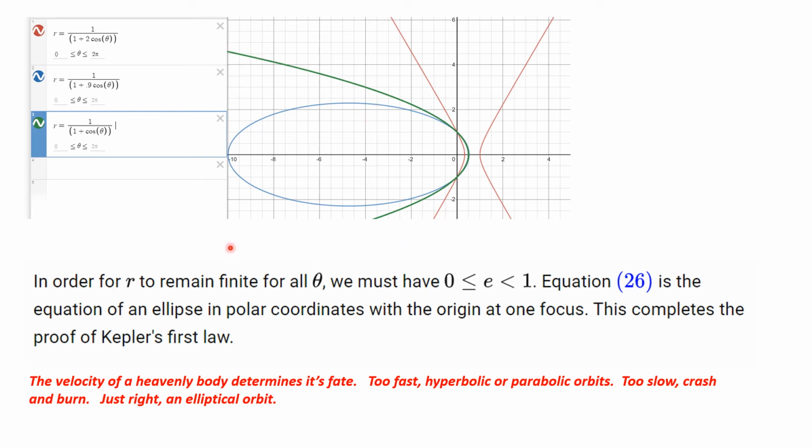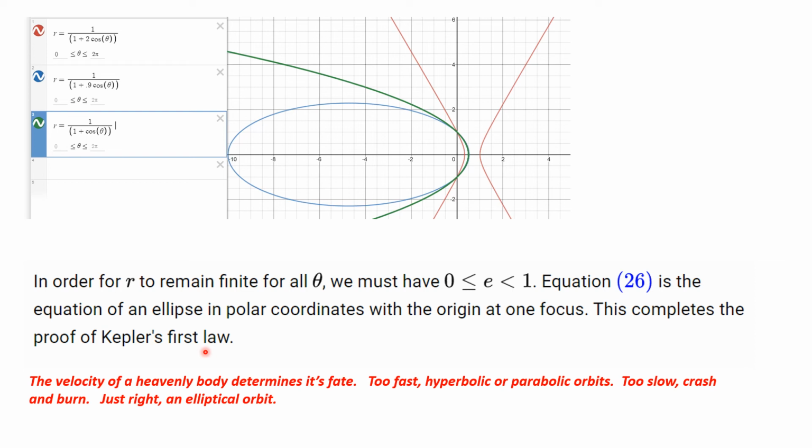And again, R goes out to infinity. Not as fast, but it goes out to infinity. If I pick E to be 0.9, I get the blue curve, and it fits in there. So you see, we've sort of concluded that this is true. For R to be finite, for all theta, we must have 0 less than or equal to E less than 1. And that completes the proof of Kepler's first law.